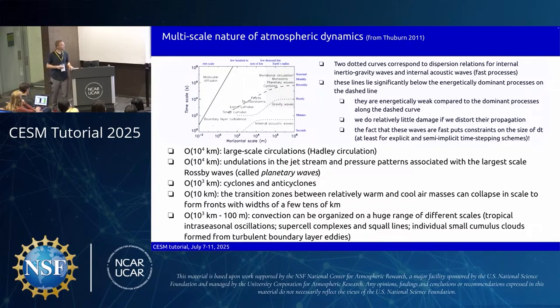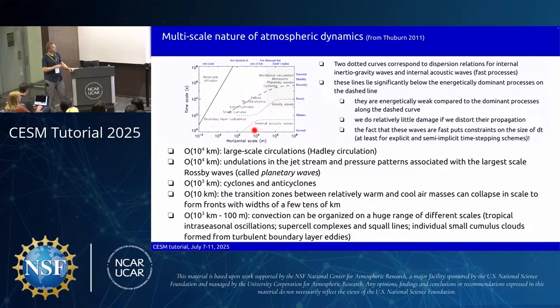On this plot, you also have fast waves shown. So we have gravity waves here. So typically when the atmosphere gets out of balance, so let's say you have deep convection happening, there's a lot of heating being released. Sometimes on radar images, you can see gravity waves propagating away. That's the atmosphere trying to get into geostrophic balance again. Those are very important waves in the system.